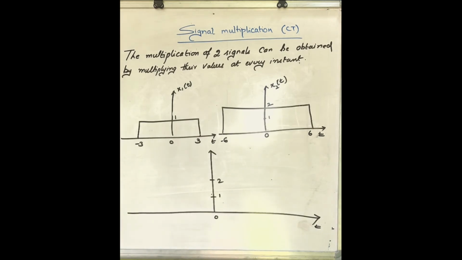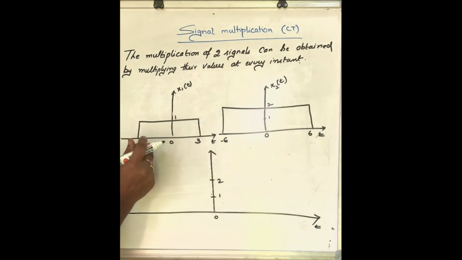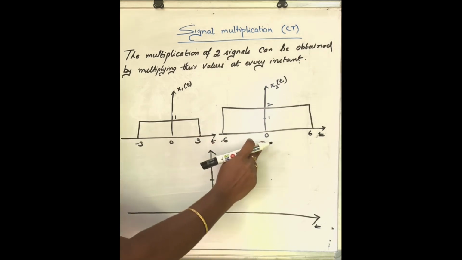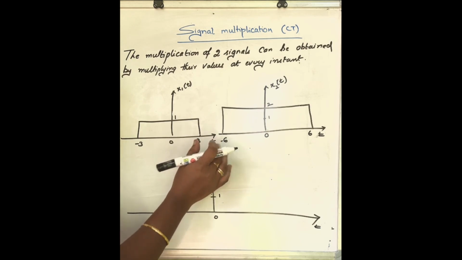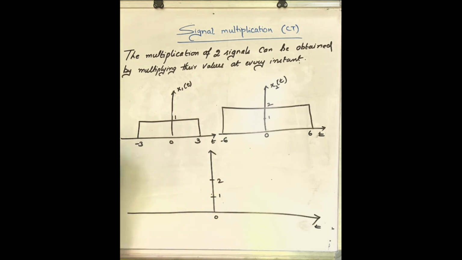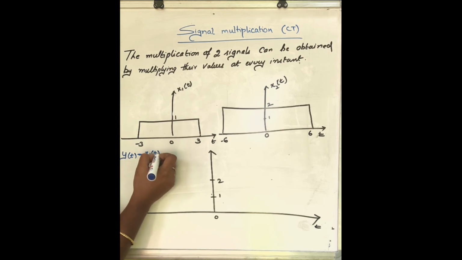The last operation on continuous time signals is signal multiplication. The multiplication of two signals can be obtained by multiplying the values at every instant. Here, take an example. x1 of t is the original signal, x2 of t is another original signal. Now we are going to multiply the two. So the resultant signal is going to be y of t is equal to x1 of t into x2 of t.